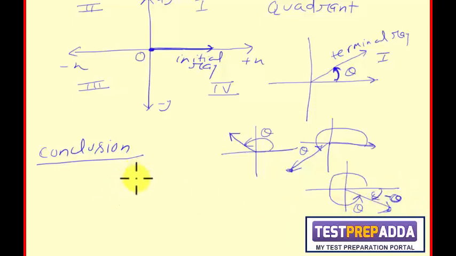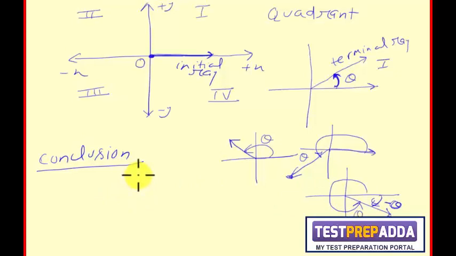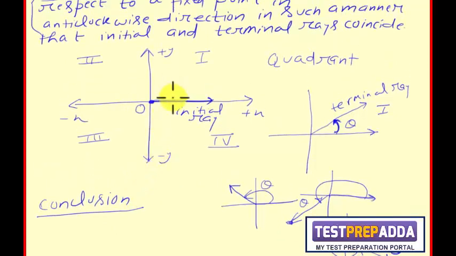Now, if I take this initial ray and rotate it in such a manner that it coincides with itself, that means I am taking the terminal ray here only.